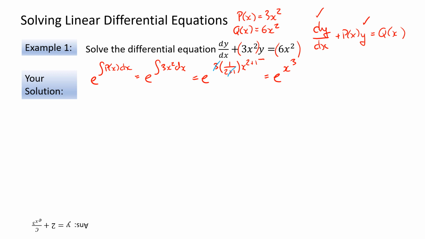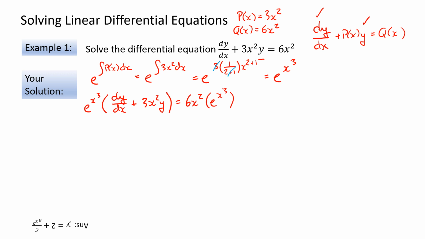So now we can multiply both sides of this initial differential equation. We'll move those brackets to make it easier to see. And what we have is e to the x cubed times dy by dx plus 3x squared times y is equal to 6x squared times e to the x cubed.